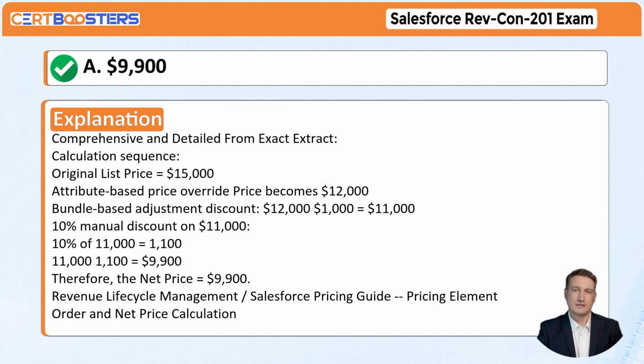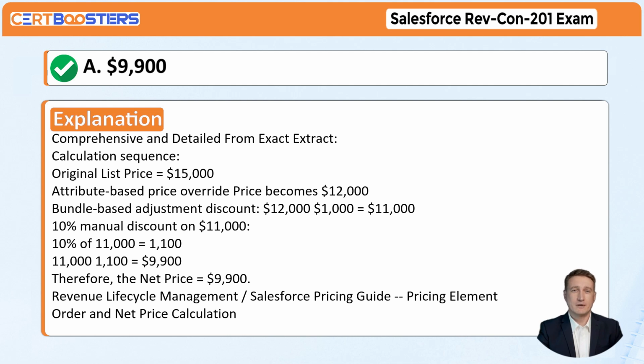$9,900. Explanation. Comprehensive and detailed. From exact extract, calculation sequence. Original list price is $15,000. Attribute-based price override, price becomes $12,000.